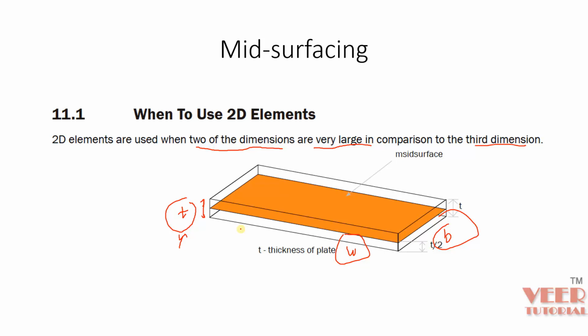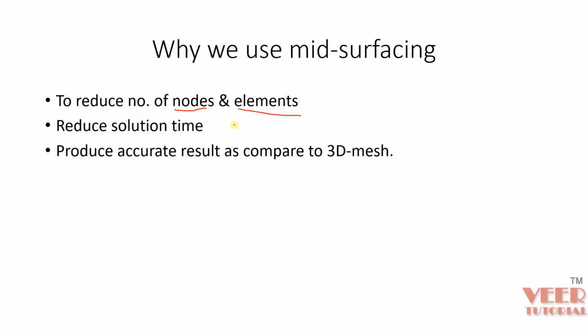But when we do only the mid surfacing, we take only this mid surface and we only create the 2D mesh. In this, the number of nodes will significantly reduce. It is going to take much less time to solve the problem. So when the number of nodes and elements reduce, it will reduce the solution time. So you see, it will take less time to do the meshing, and while solving the problem, it is going to take much less time.